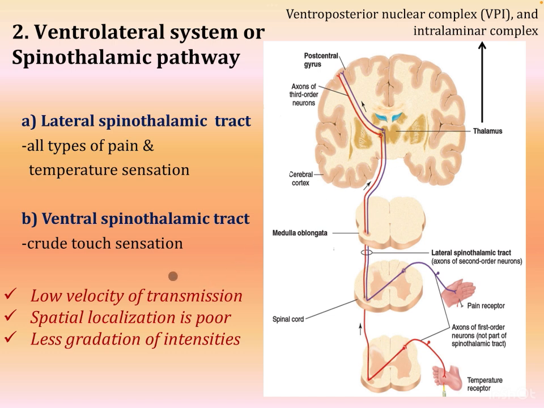So special features of this ventrolateral or anterolateral system are these. In this pathway there is a low velocity of transmission of action potential. Spatial localization is poor for this pathway, and there is less gradation of intensities.